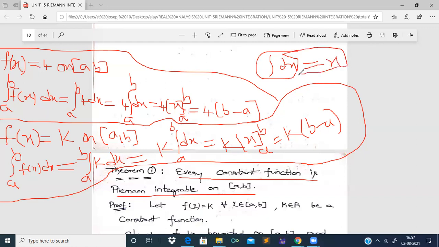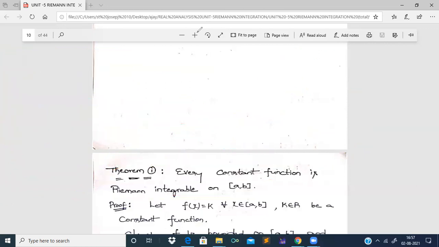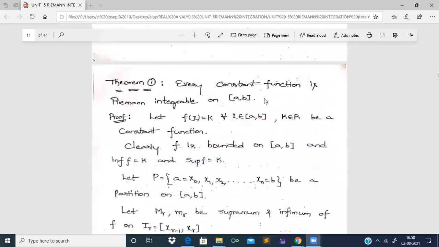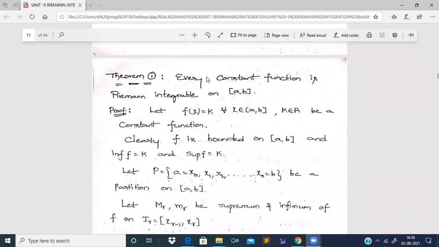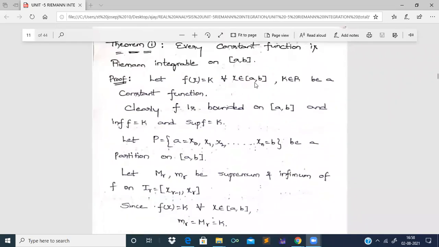Using this simple formula in integration, we found that integral over a to b f of x dx is equal to 4 into b minus a in this example, and k into b minus a in the standard condition. Now, see the statement: every constant function is Riemann integrable on closed interval a comma b. So let us start the proof. f of x is equal to k for every x belonging to closed interval a comma b.